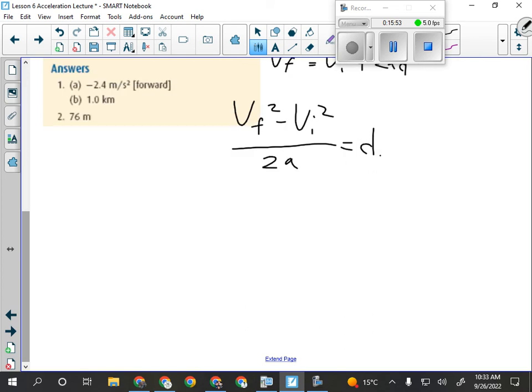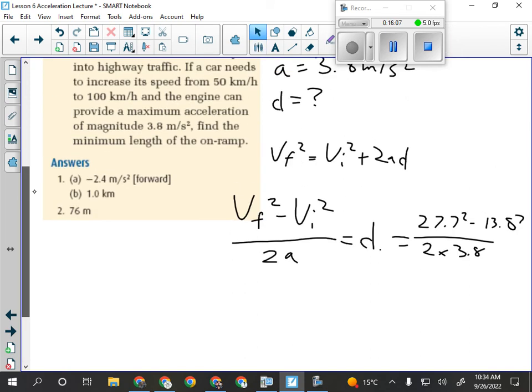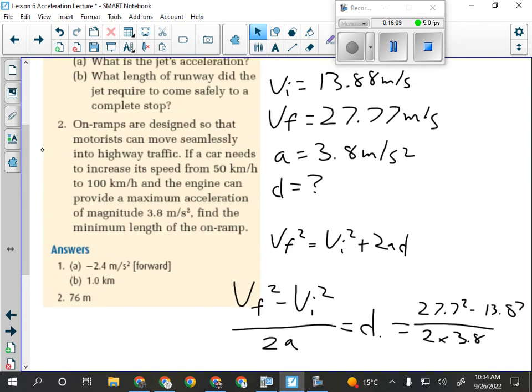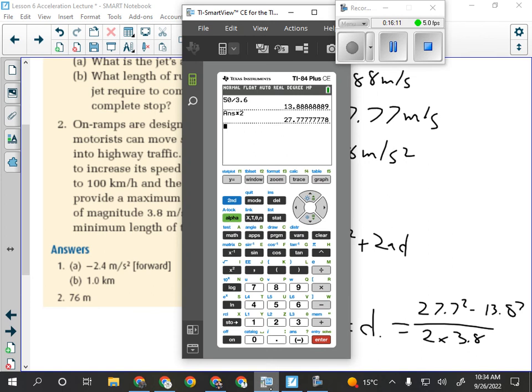So what we're looking at here is 27.7 squared minus 13.8 squared, divided by 2 times 3.8. Those were the numbers we were given in the question. So we have our 27.7 squared minus our 13.8 squared.